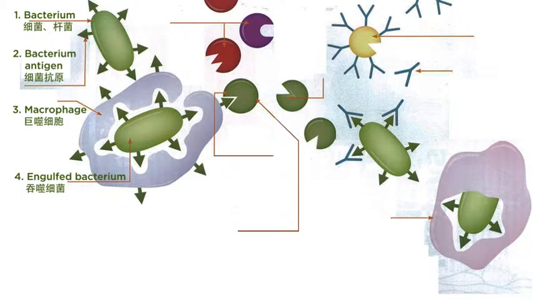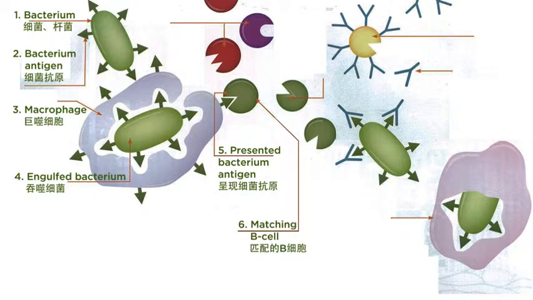During the initial inflammation reaction, a macrophage engulfs the bacterium. After engulfing the bacterium, the macrophage presents the bacterium's distinctive antigens, communicating the presence of the specific pathogen to B cells. The specific B cell that recognizes the antigen and can help defeat the pathogen receives the message.